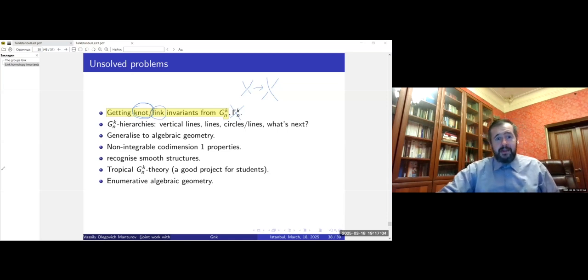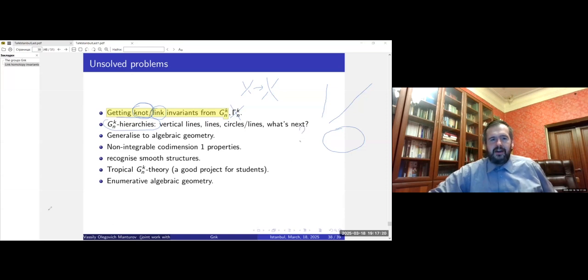Well, then we may play the game of G and K hierarchies. For example, GN2 vertical lines, GN3 arbitrary lines, GN4 circles, and what's next? What other things can we get here? Generalize to algebraic geometry.